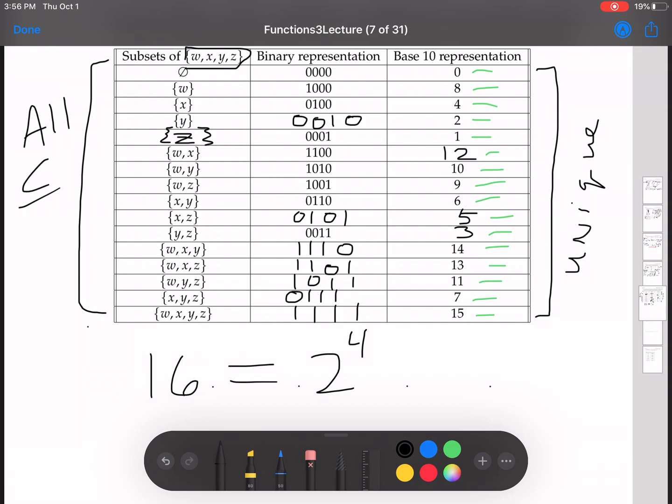There are 4 elements here. Something you've already worked with, but this shows you why it's true. This is basically a proof, an ingenious proof. Not my own, one that I got from a book that I read.